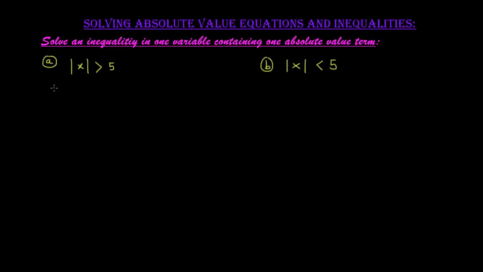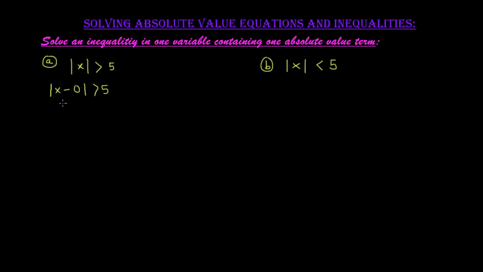So like we did before, I need to rewrite this problem as x minus 0 greater than 5. X minus 0 is still x, so basically I didn't change anything. I just rewrote the problem.